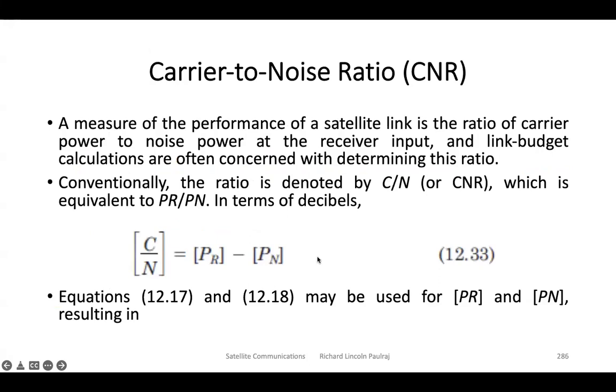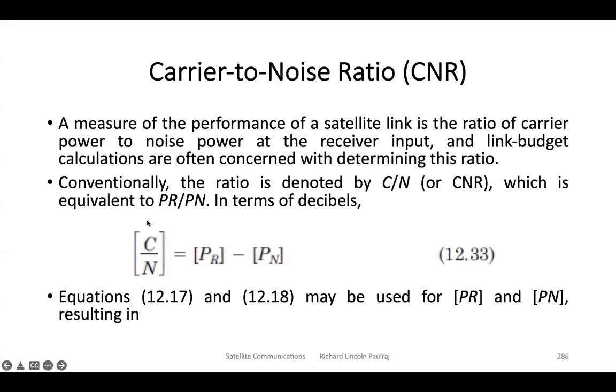The next thing that we'll be looking into is carrier to noise ratio. What is this carrier to noise ratio? The short form is CNR. C refers to carrier, N refers to noise, and R refers to ratio.